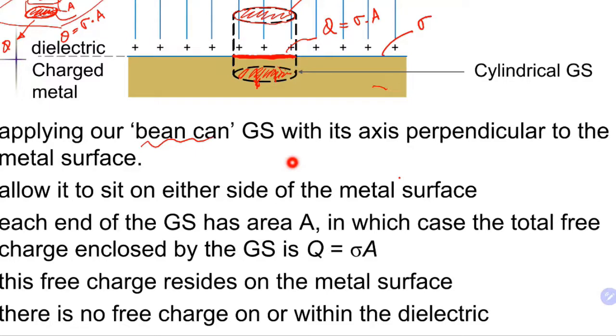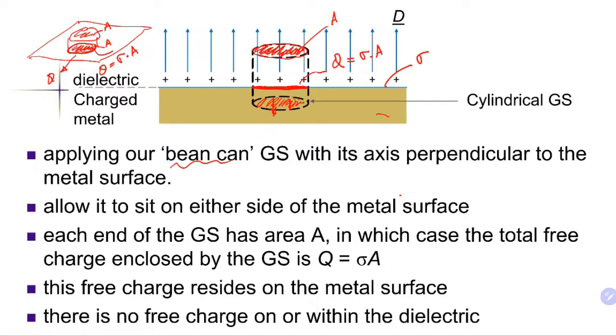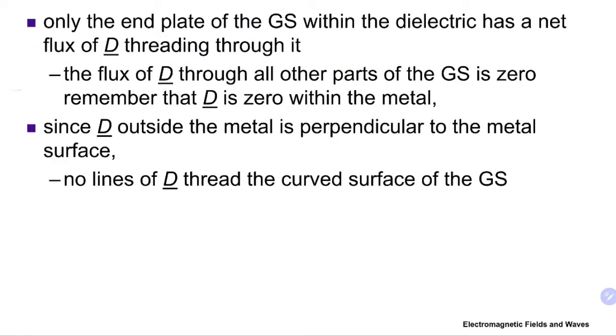The surrounding surface has no flux traveling through it because it is parallel to the flux going in the vertical direction. So only the top has flux, and it is 0 on all other parts except the one on the dielectric at the top.